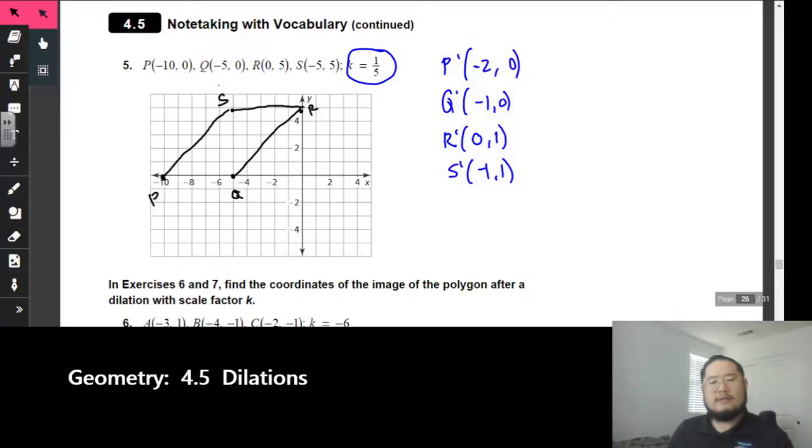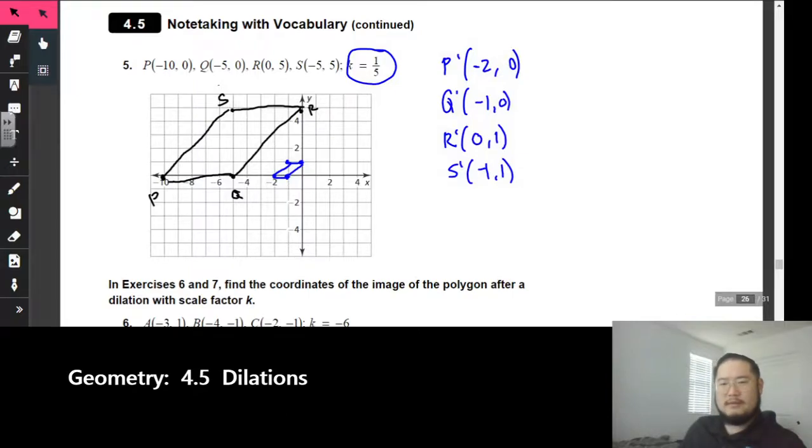If we were to classify our figure, and if we look and plot our next points, we have P prime is negative 2, 0. Q prime is negative 1, 0. We got 0, 1 for R prime. And S prime is negative 1, 1. So you could definitely see that this parallelogram got a whole lot smaller than the original.